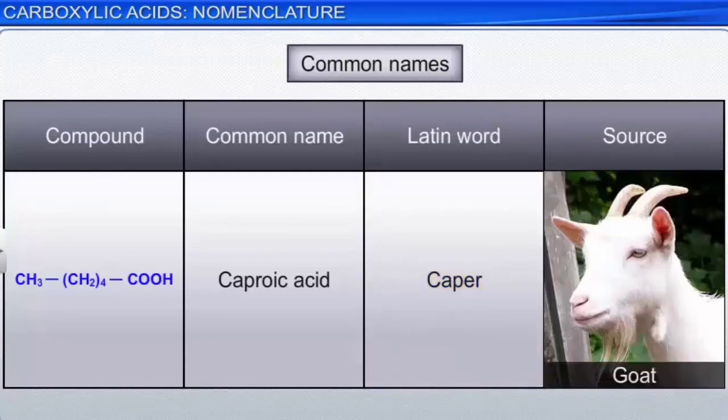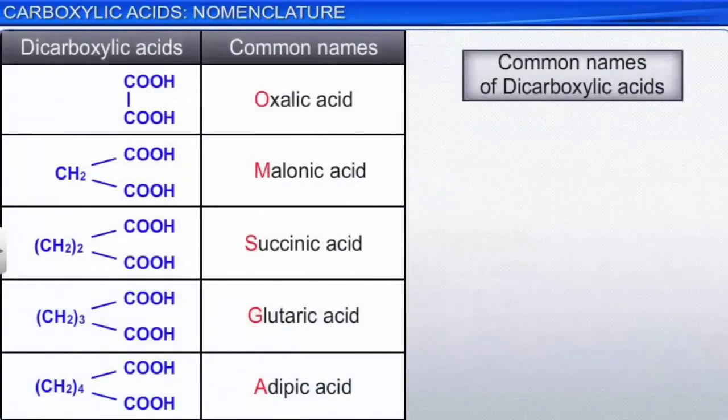A dicarboxylic acid contains two carboxyl groups. The table here gives the common names of some dicarboxylic acids. Their names can be easily remembered by the mnemonic, "Oh my such good apple."